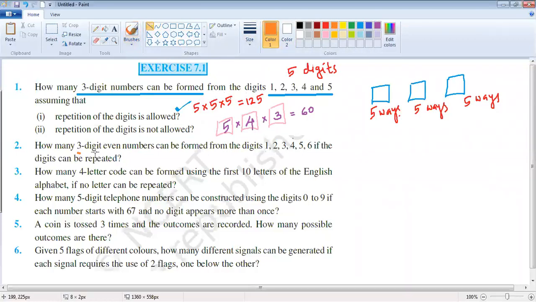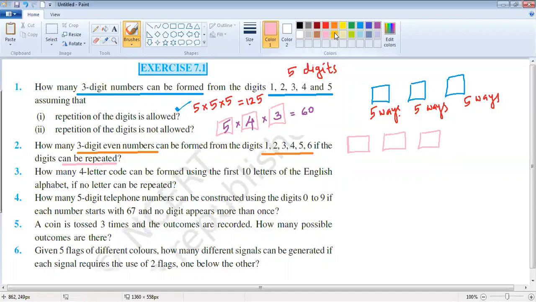How many three-digit even numbers can be formed using the digits 1, 2, 3, 4, 5, 6 if the digits can be repeated? So you can see that it is a three-digit number, 3 digits. So it is an even number.